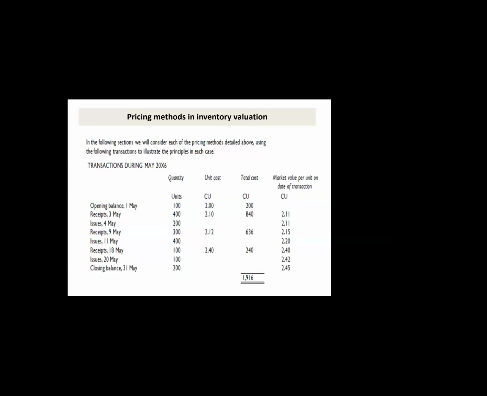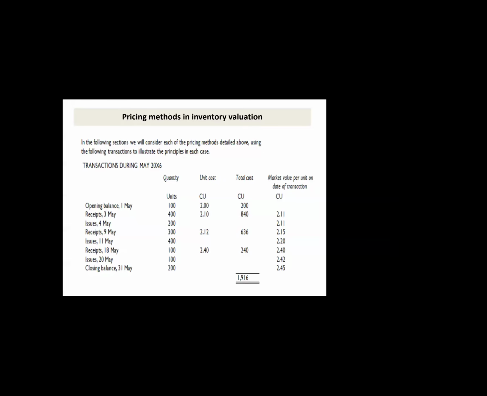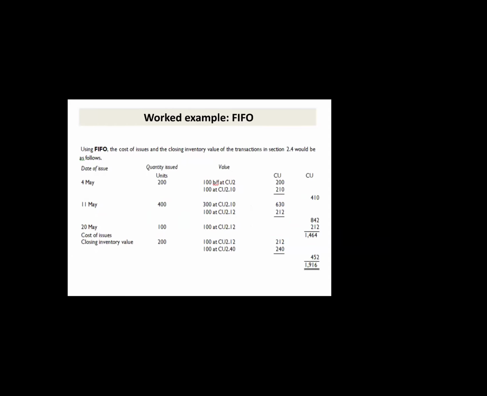Then we issued 100 units on 20th May. So 100 will be issued from 9th May's stock, where we have 200. We will issue 100 from this, so 100 at the rate of 2.12. Then our closing inventory will be 100 at the rate of 2.12 and 100 at the rate of 2.40. So on 11 May, we issued 400, 300 at the rate of 2.10 and 100 at the rate of 2.12, that is 842.